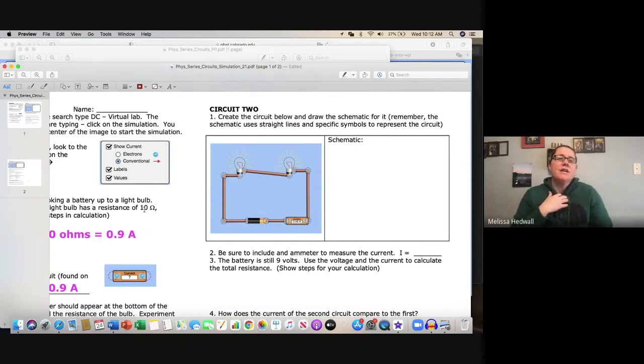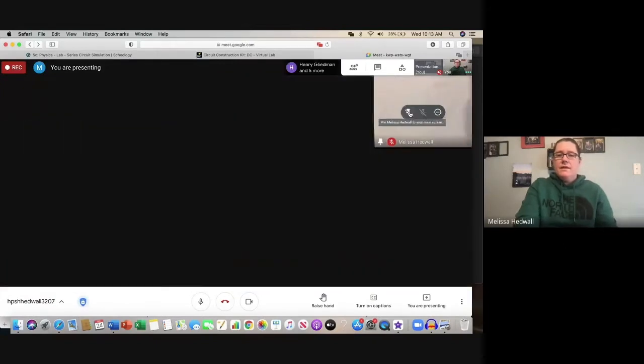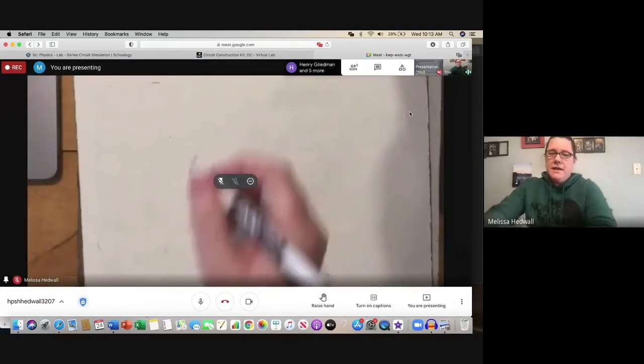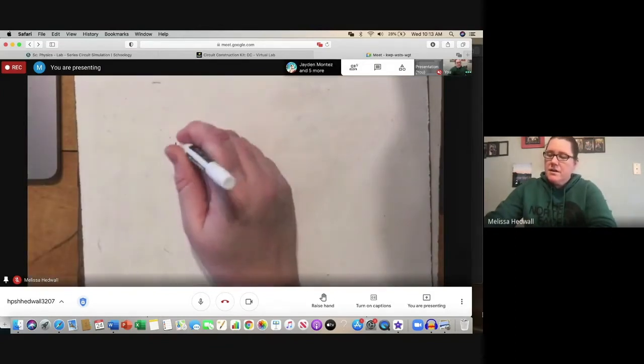So then in circuit 2, it says create the circuit below and draw the schematic for it. Remember, a schematic is just the symbols on there. So if I go back to here now, click on here. You have 2 bulbs and a battery. All they're looking for with the schematic here is this representation.